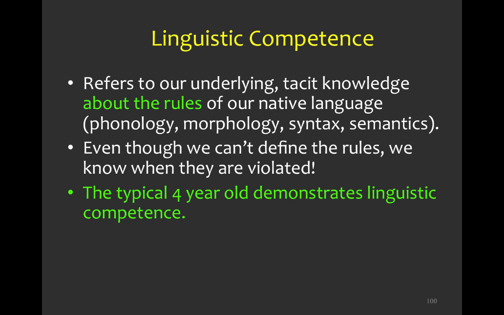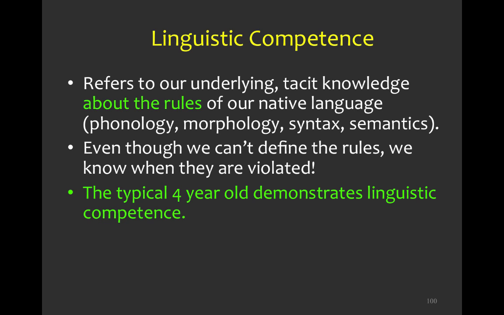So let's conclude part 5 now by defining linguistic competence and communicative competence as we re-highlight the 5 language rules. Linguistic competence refers to our tacit knowledge about the rules of our native language, phonology, morphology, syntax, and semantics.